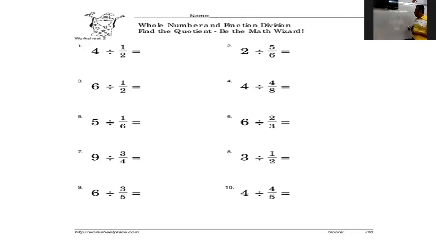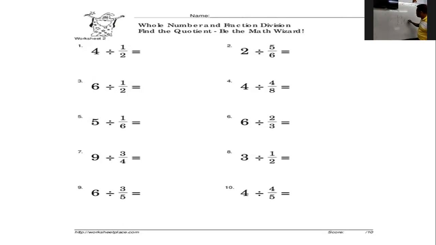The first thing that we'll do is put a denominator of 1. 4 divided by 1/2 equals 4 over 1. You invert 1 over 2.